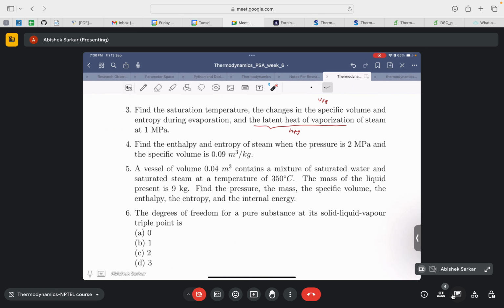So specific volume is given and pressure is given. I will suggest two or three steps. First, check the values of the specific volumes for 2 megapascal and check whether the given specific volume is within the values of Vf and Vg.